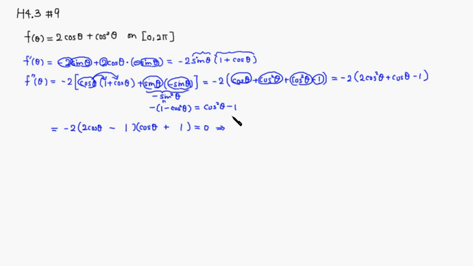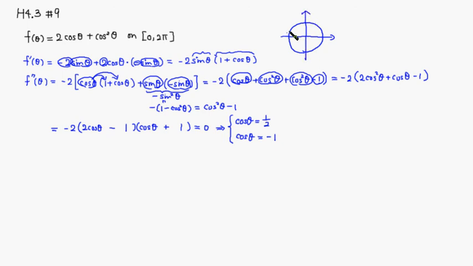All right, so from here we can set cosine of theta equal to 1/2, or cosine of theta equal to negative 1. So cosine of theta is 1/2. So let's do a unit circle. So draw a unit circle there.